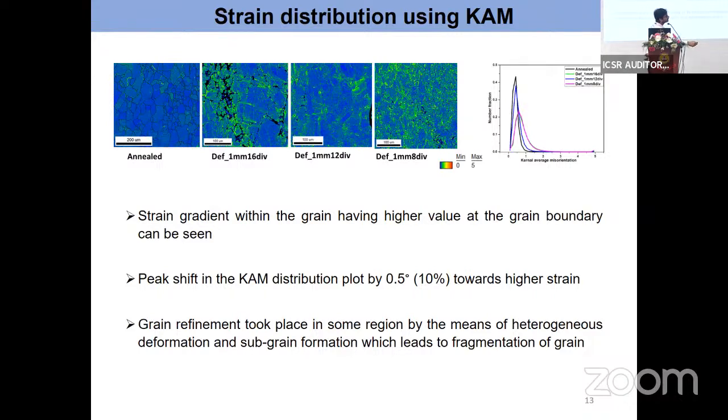And the strain gradient within the grain, having a higher value at the grain boundary, can be seen. So this is the kernel average misorientation. It is the average misorientation between the pixel and its neighboring kernel.